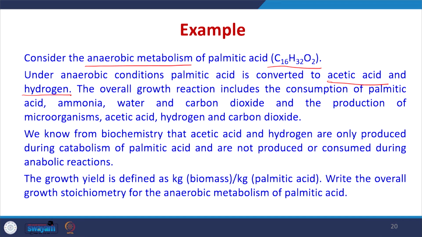We know from biochemistry that acetic acid and hydrogen are only produced during catabolism of palmitic acid and are not produced or consumed during anabolic reactions, and the yield coefficient definition is this.